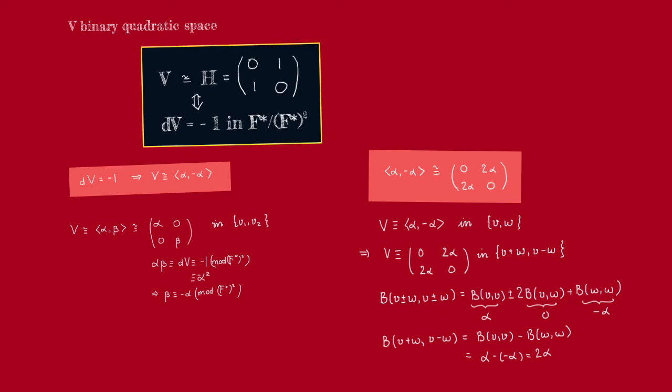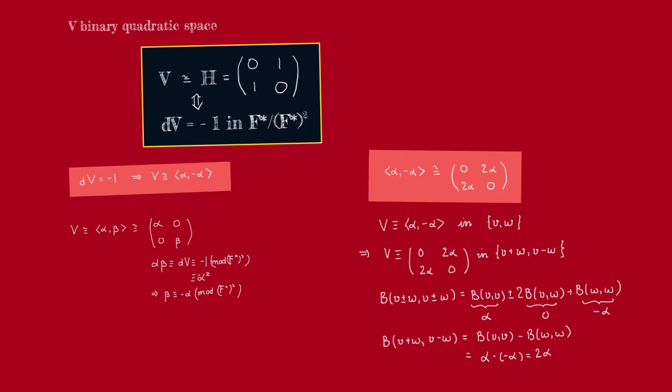That would just mean that in particular we have that B(V1, V1) is alpha, B(V2, V2) is beta. If I shrink V1 by a constant, then B(cV1, cV1) over c, that whole thing is going to be shrunk by c squared, so this becomes alpha over c squared. So changing alpha and beta by a square does not change the isometry class of V.